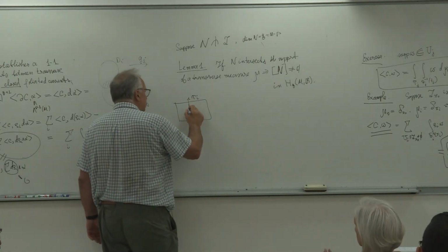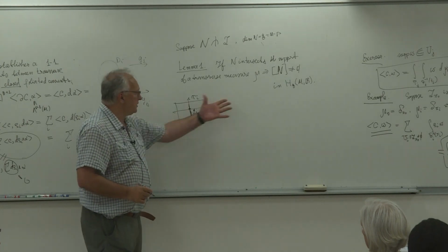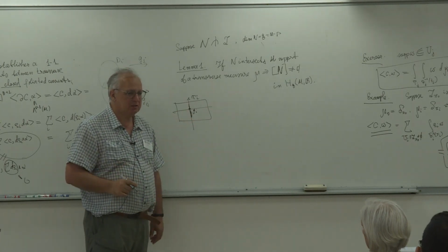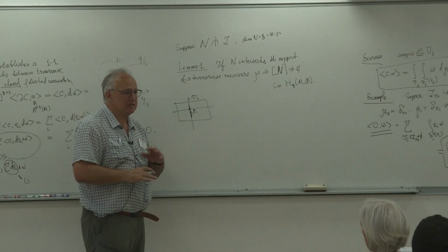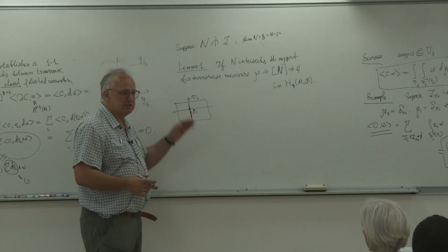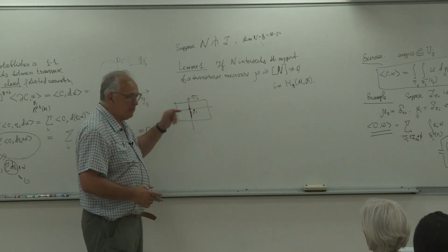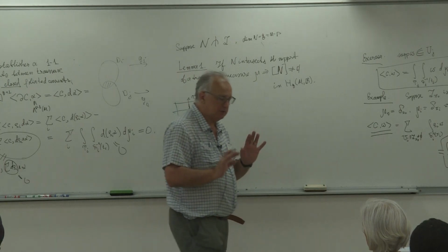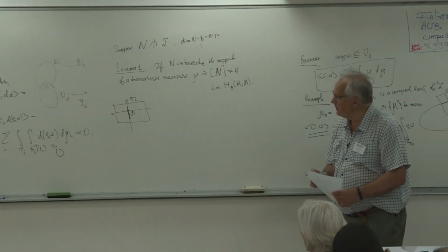If some leaf intersects the point of support, then we say that all this leaf is contained in the support of the transverse measure. So the support of the transverse measure is a collection of leaves which somewhere intersect transversals where measures are not zero. Okay? Now, well, I'm not going to prove this.